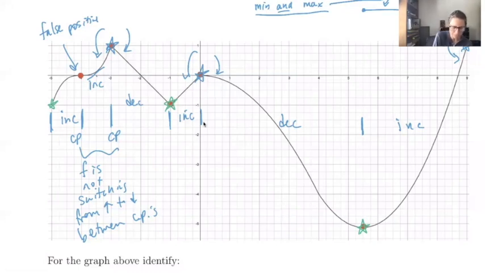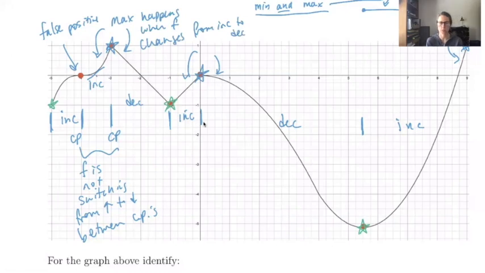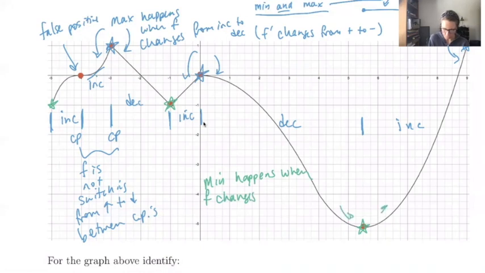So we could think about a maximum happens when f changes from increase to decrease, or when f prime changes from positive to negative. Do you have a similar thing for a minimum? A minimum happens when f changes from decreasing to increasing, or when f prime changes from negative to positive.